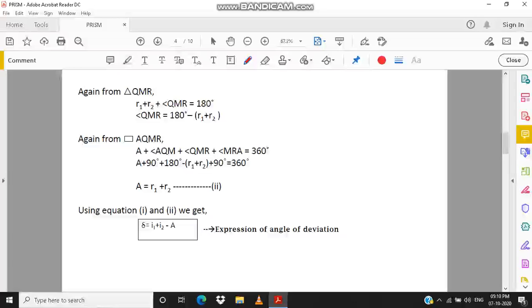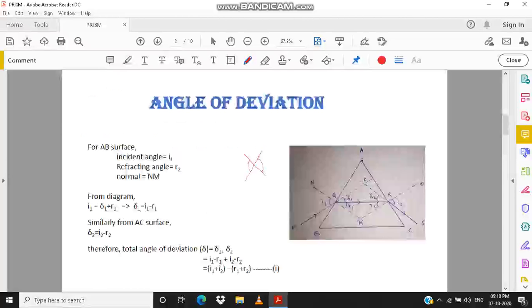Now we will be putting the values. What are angle AQM and angle MRA? AQM is actually 90 degree, right? Let me show you. This is 90 degree.